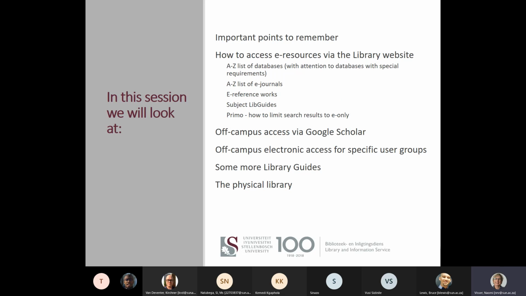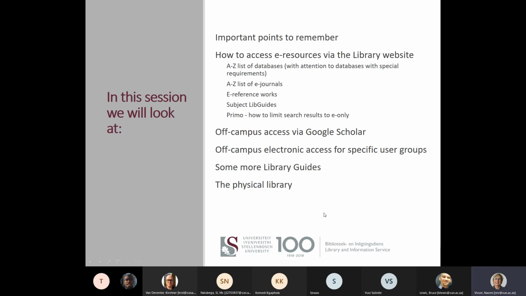Okay, in this session we will cover the following points. First of all, important points to remember when accessing library e-resources from off-campus, and then I will elaborate a bit on how to access the A to Z list of databases, the list of e-journals, e-reference works, our subject guides, and then also Primo and how to limit specifically to electronic resources.